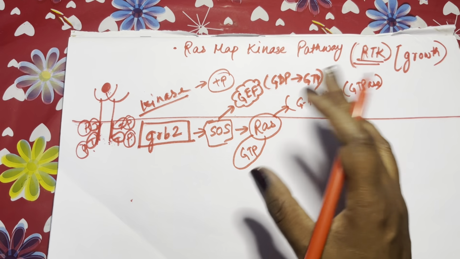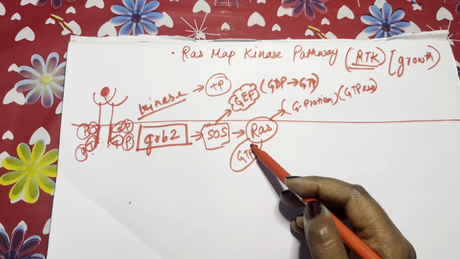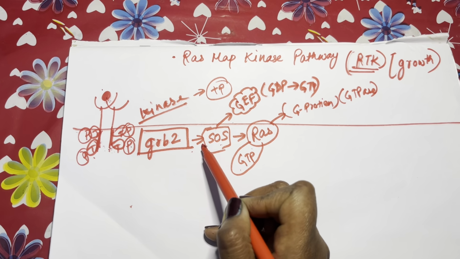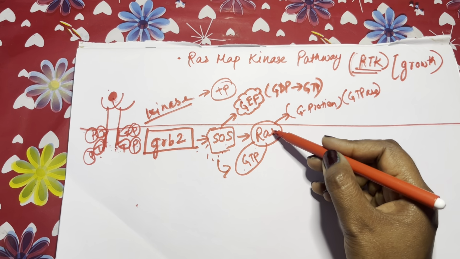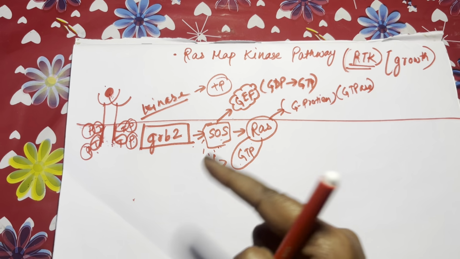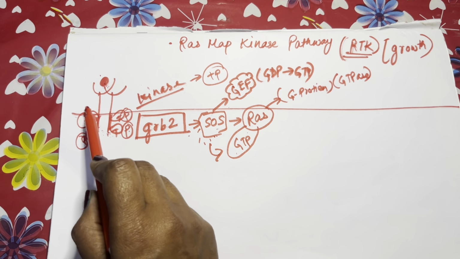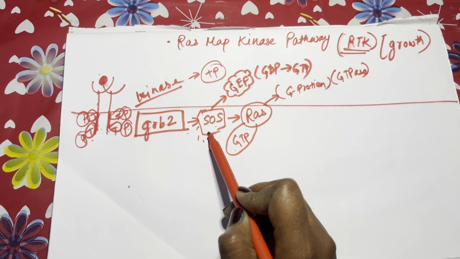Ras is also the same type of G protein. Previously, in the absence of ligand, GDP was bound to Ras, but now we have ligand, so SOS will be active, and active SOS can add GTP on Ras. In case of GPCR, the receptor itself was doing this particular activity, but here enzyme-linked receptors will not have that property. That's why they need to hire SOS.